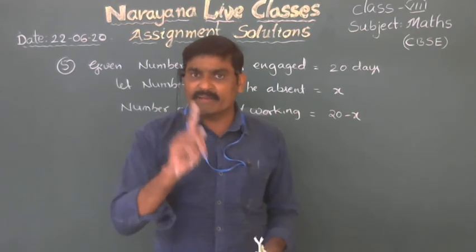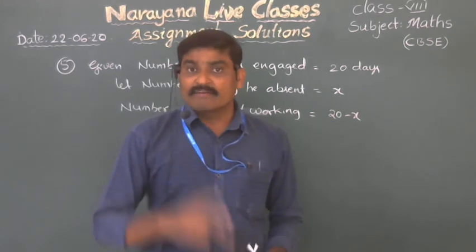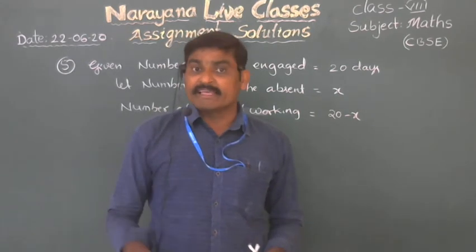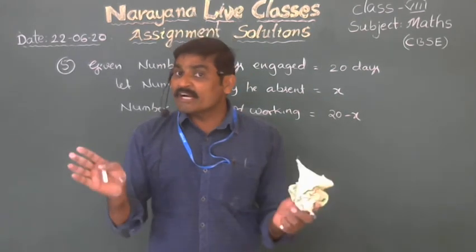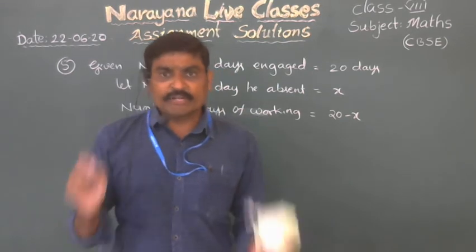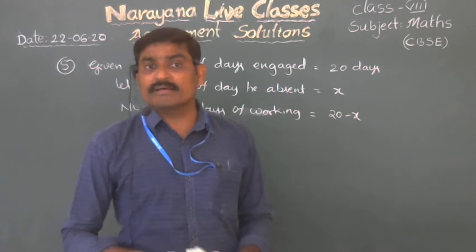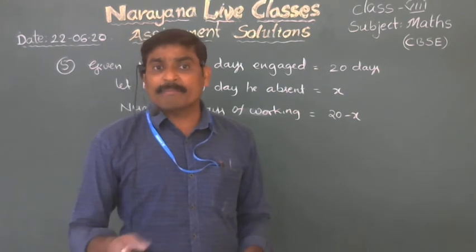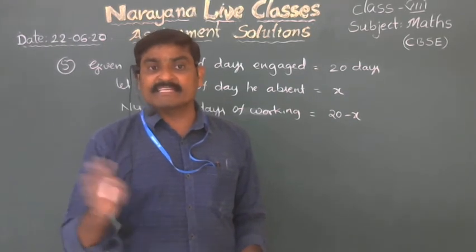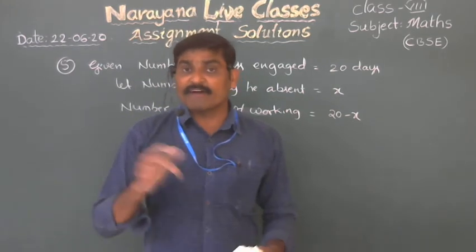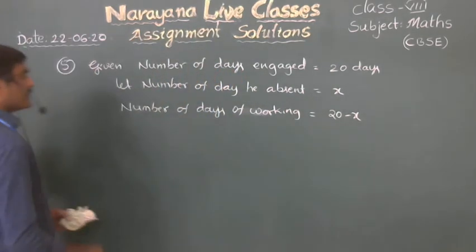For one day he earns 60 rupees, for 2 days 120, and for 20 days 20 into 60, which is 1200 rupees. But he did not earn the total amount of 1200 rupees. Some days he was absent. He received only 745 rupees.